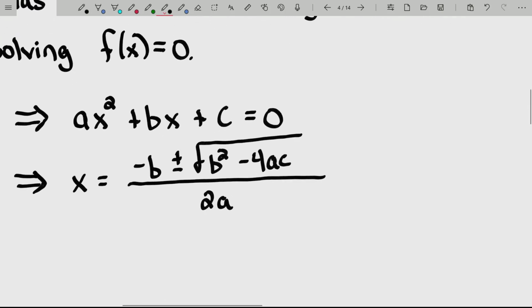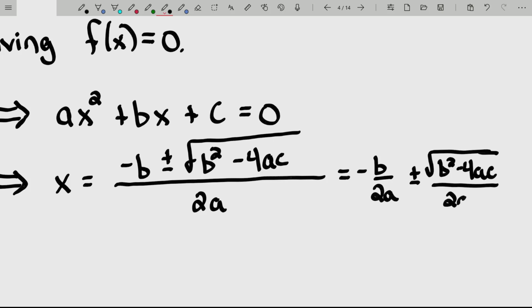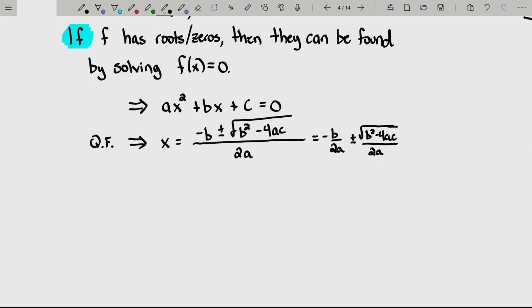You could split that fraction into two pieces: the negative b over 2a part, and the plus or minus square root of b squared minus 4ac over 2a part. So I just split that fraction into two pieces. Something critically important to show you here.